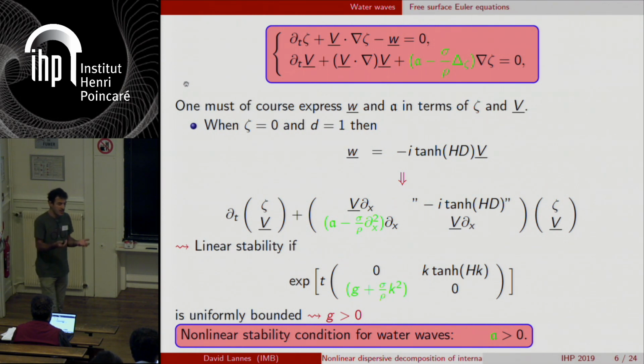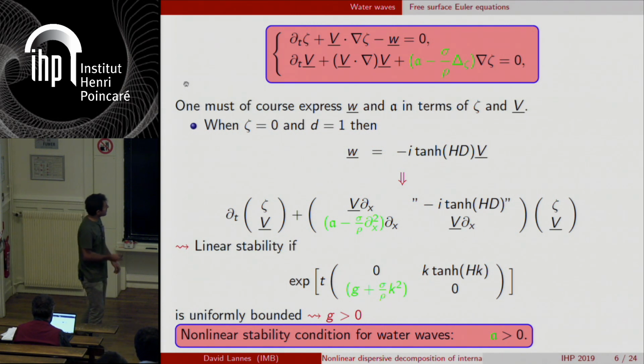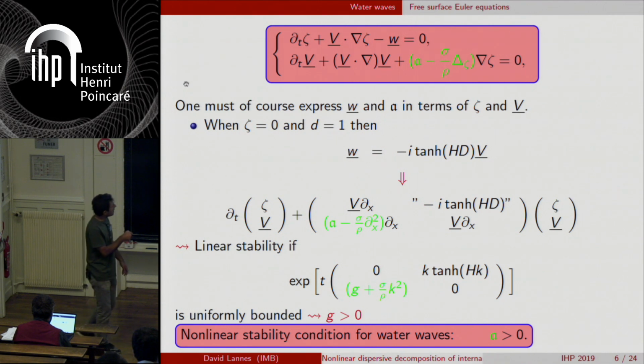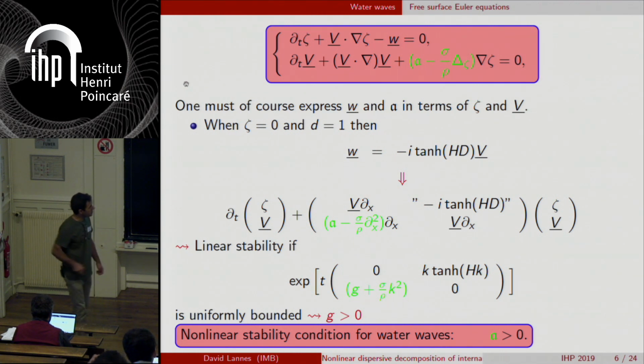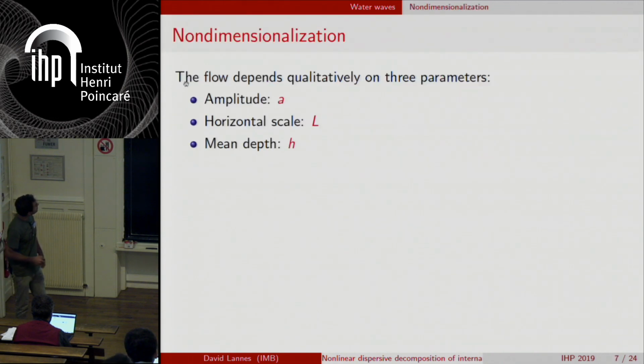That way you don't have Rayleigh-Taylor instabilities, which means that you don't accelerate the fluid stronger than gravity. Okay? And in this case, you have stable solutions. So for one fluid, the conclusion is that you have nonlinear stability of the waves, provided that the Rayleigh-Taylor coefficient is positive. So, okay, the pressure increases when you go down into the fluid.